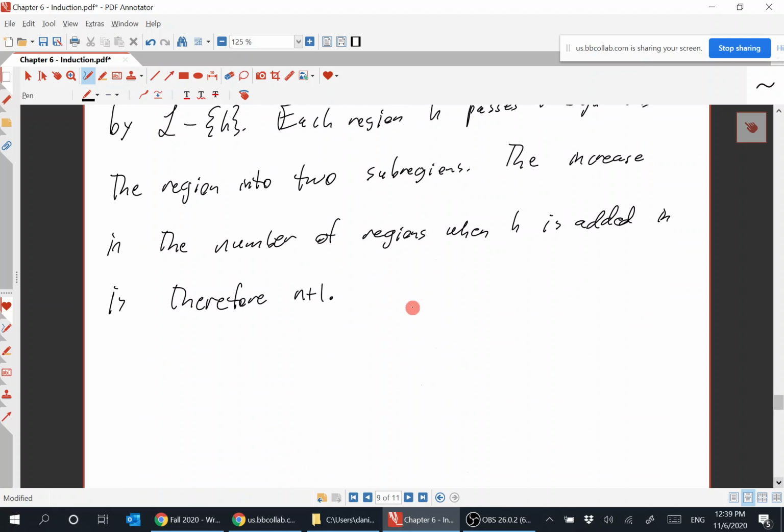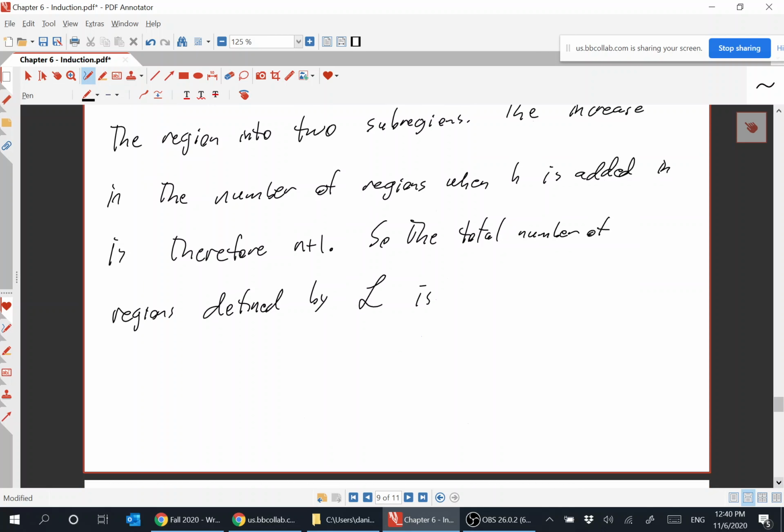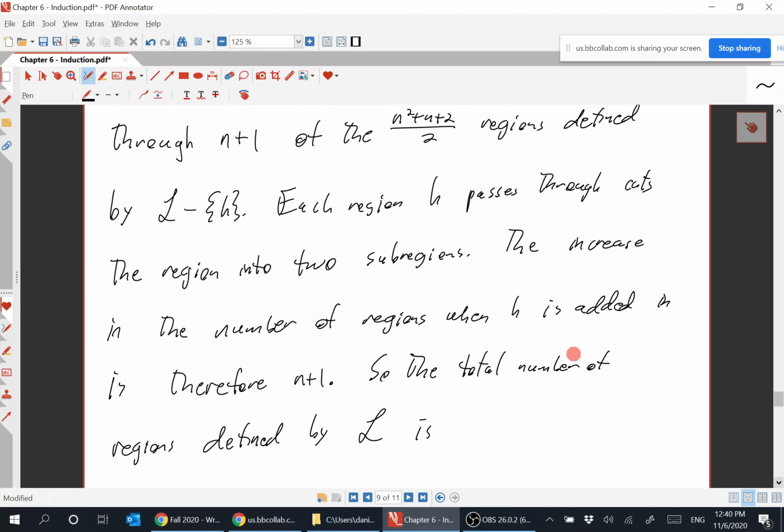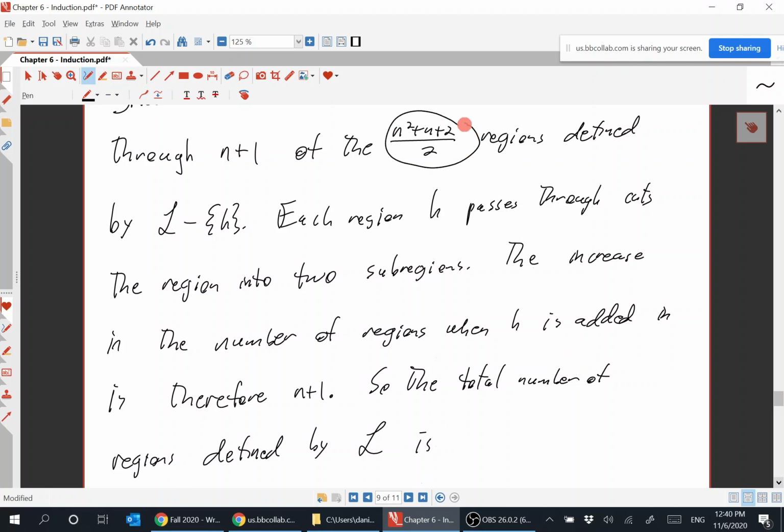So the total number of regions defined by L is what? We started with this many, and we added this many.